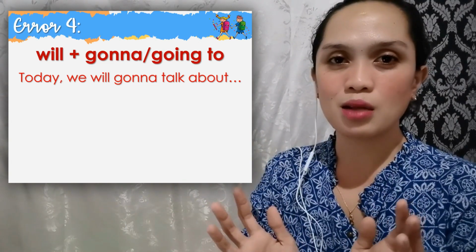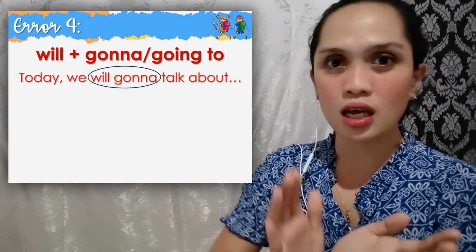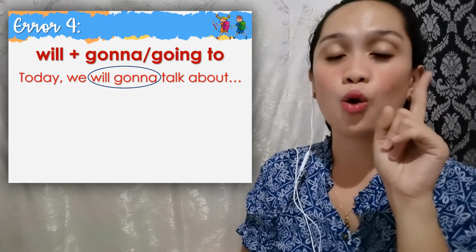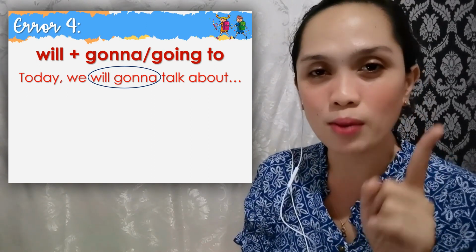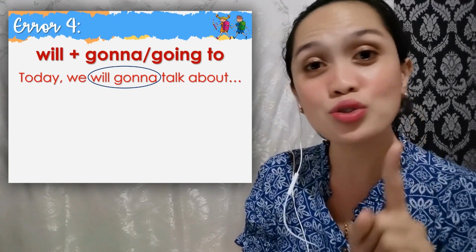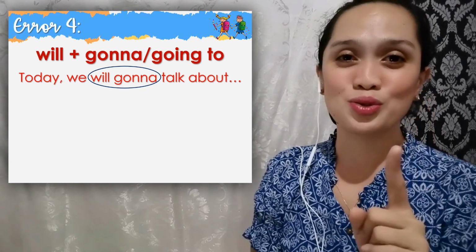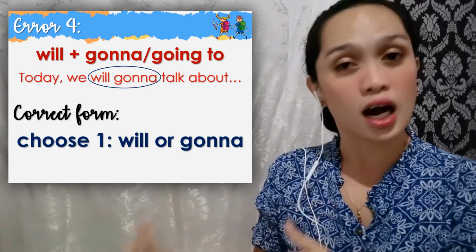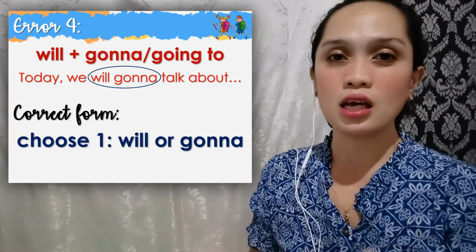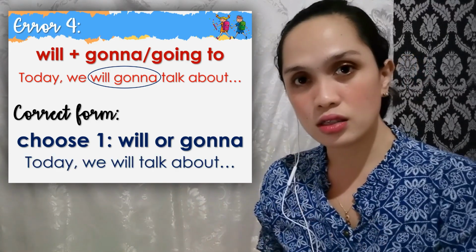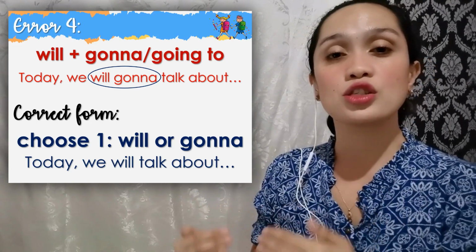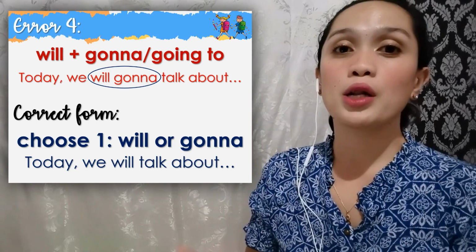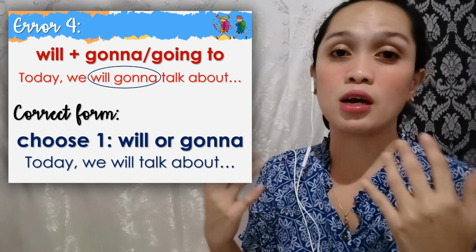So in that statement, you use both will and gonna. Instead, what we should do is we should choose only one. Huwag mamangka sa dalawang ilog. Choose only one, okay? So choose either to use will or to use going to or gonna. You're supposed to just simply say, today we will talk about, or today we are going to talk about. Both are correct, but when used together, they become erroneous.